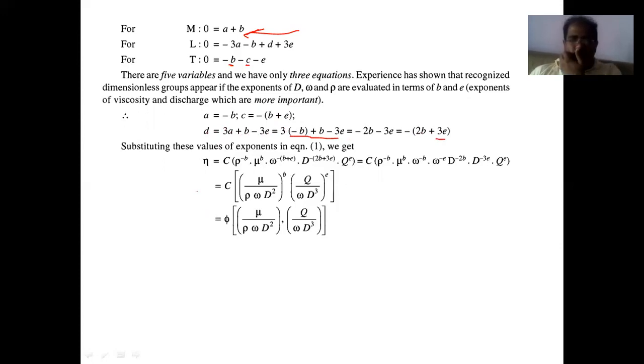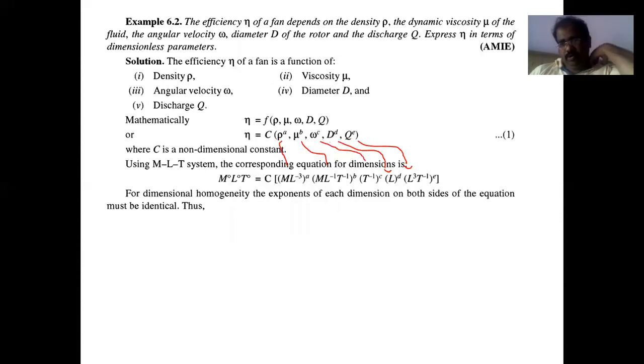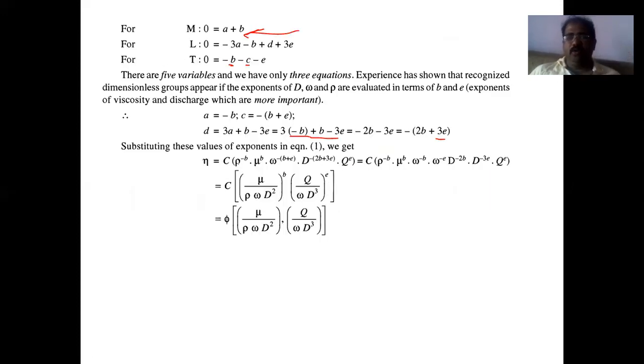Substitute these values in your basic equation. The basic equation is here, and we put these values in, so we get rho raised to power minus b, mu raised to power b, omega raised to power minus b plus e, d raised to power minus 2b plus 3e, and Q raised to power e.